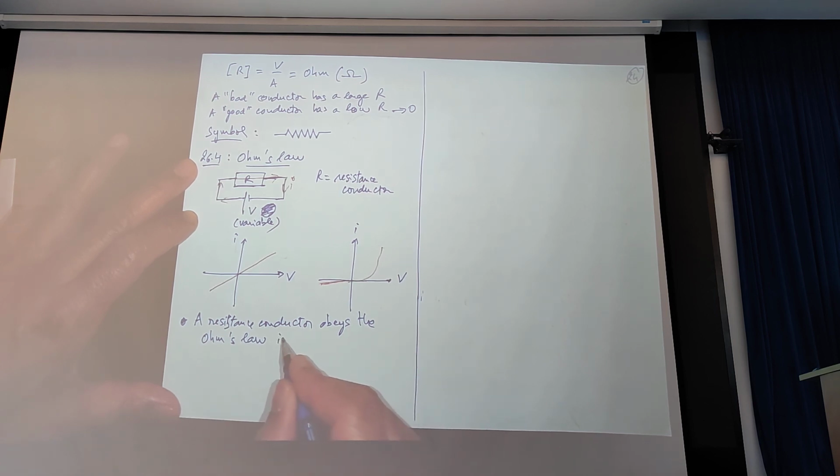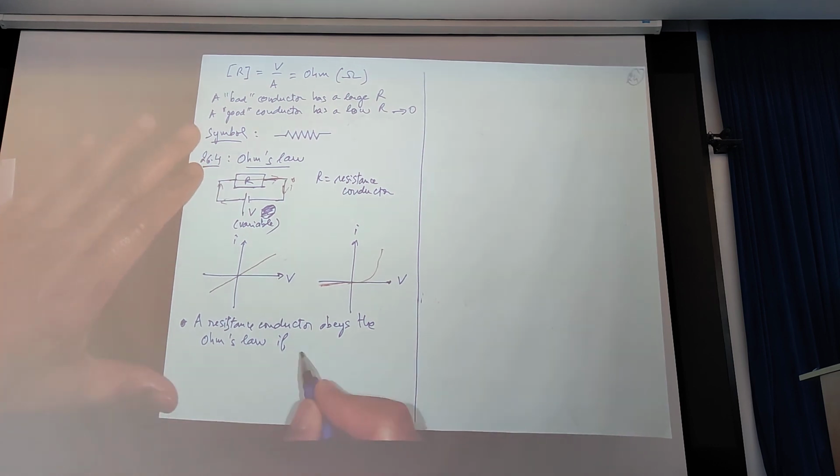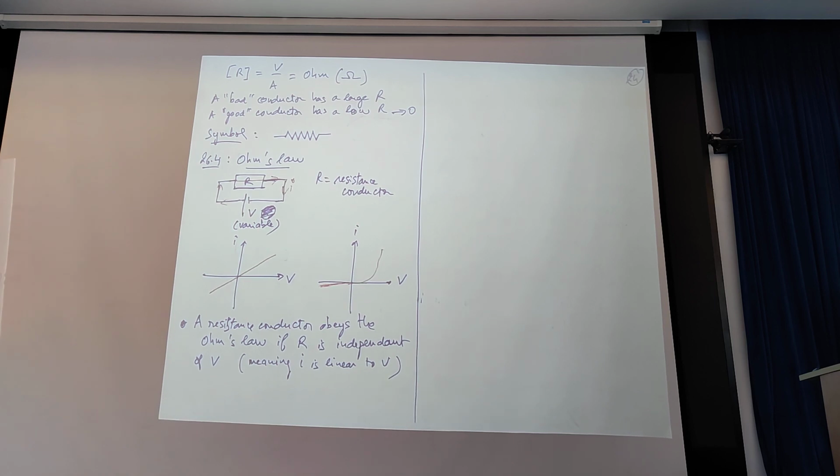if its resistance, meaning E is linear to V. Okay?